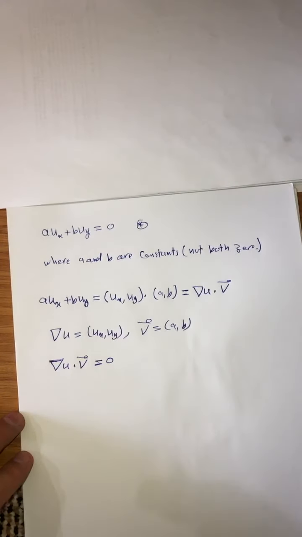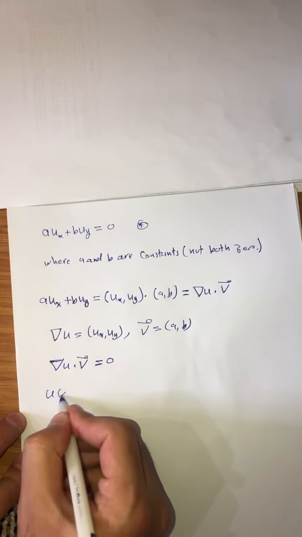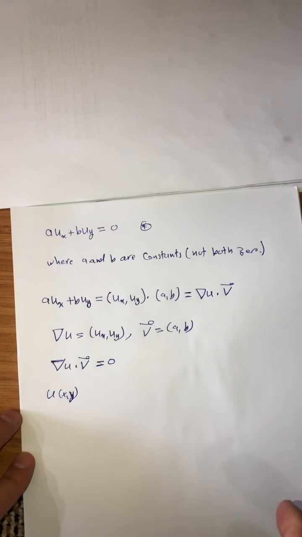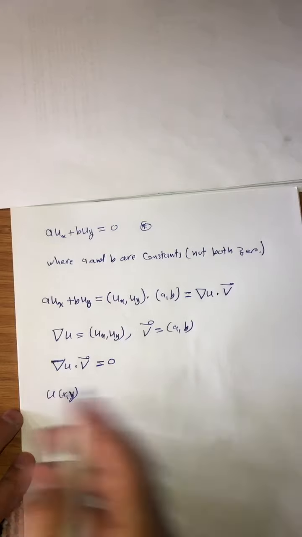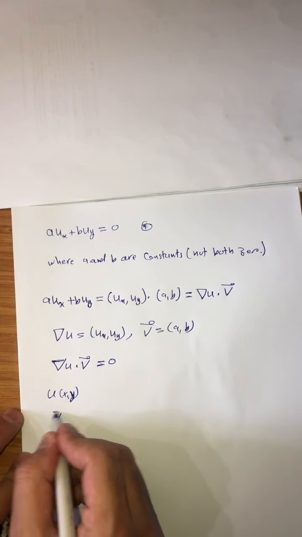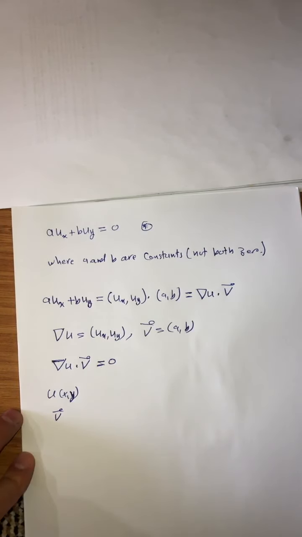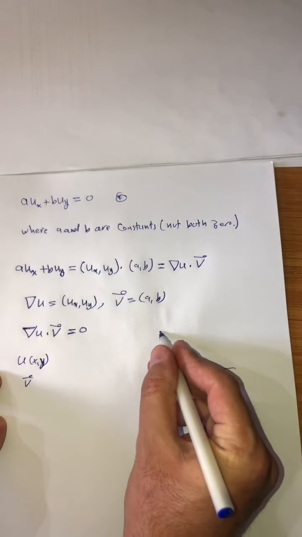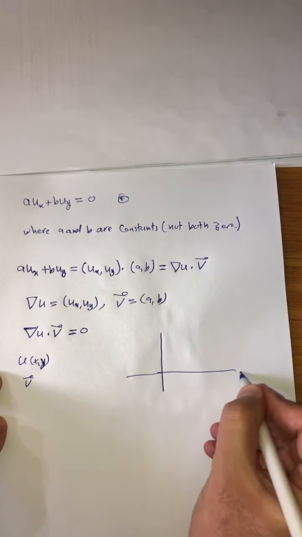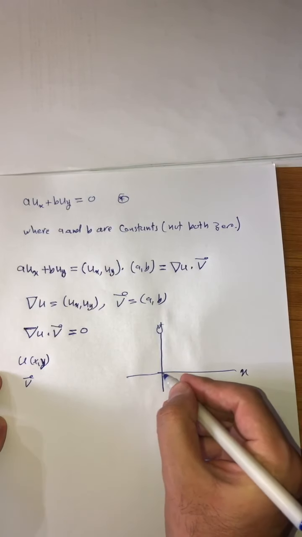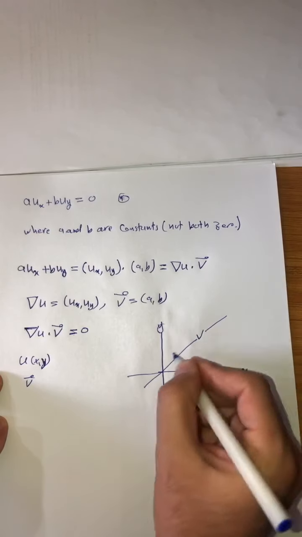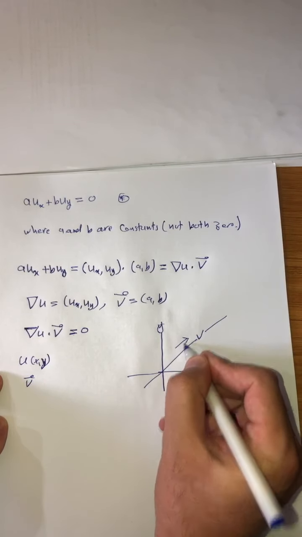So this means that u of x, y must be constant in the direction of the vector v. Let me sketch the vector v in the xy plane. Suppose this is the vector v, and this is the direction of the vector v.